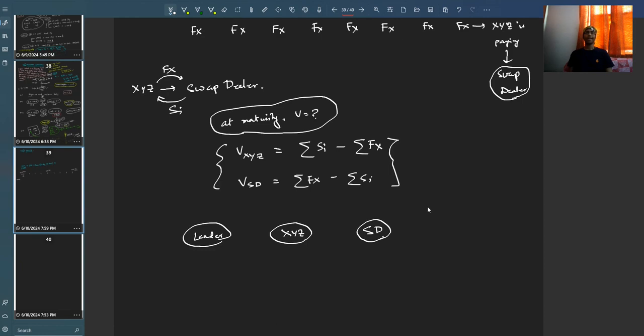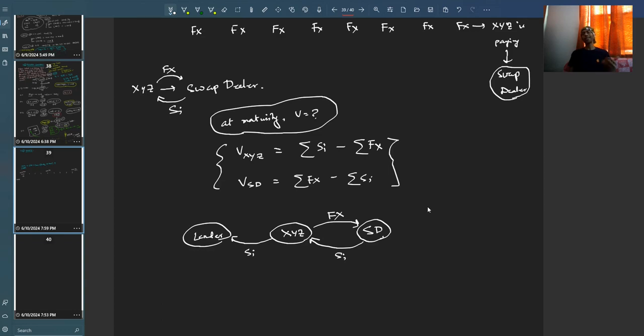XYZ is paying FX at each period to the swap dealer. The swap dealer is paying the variable payment Si. This variable payment XYZ is paying back to the lender. So the lender gets what it wants, XYZ gets what it wants, and the swap dealer also gets what it wants.